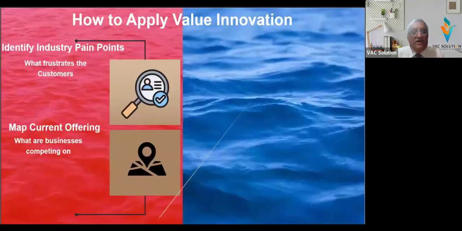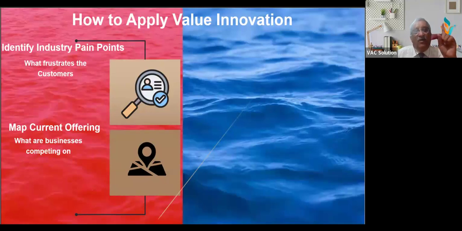Remember one thing, as the saying goes, the person who has the gold makes the rule. So the person who is efficient and produces the result is the boss, irrespective of what the designation says. So in Blue Ocean strategy, in the ERRC model, identify the current offering. What are businesses competing on? What are employees competing on? What are the hierarchies competing on?